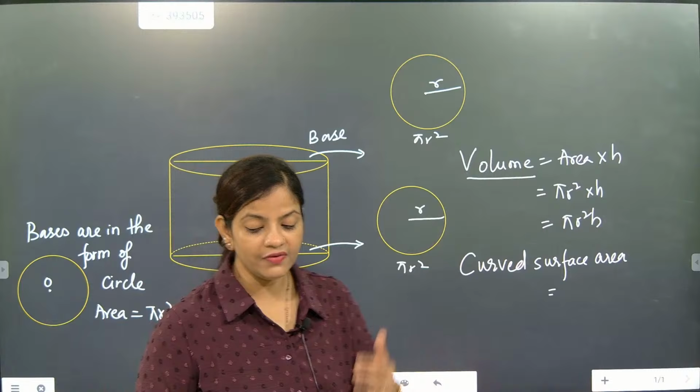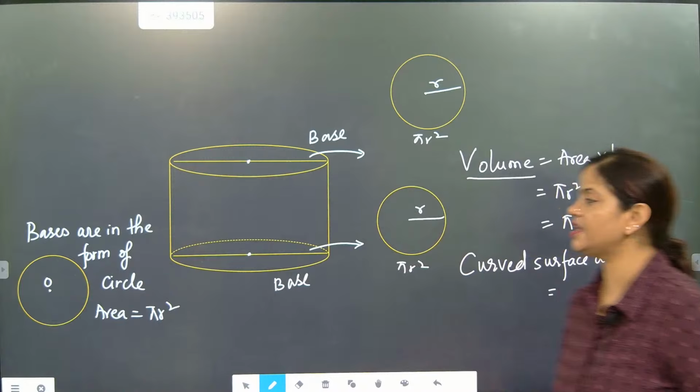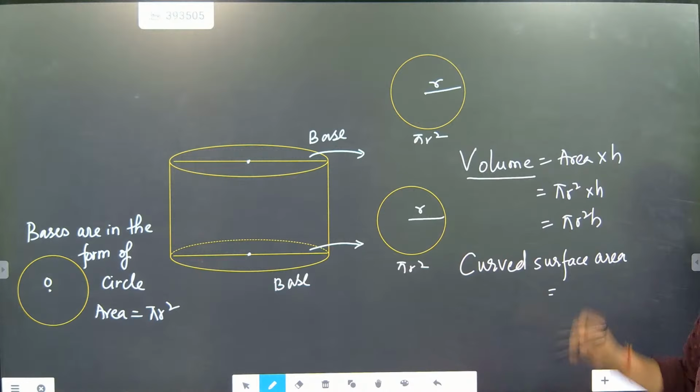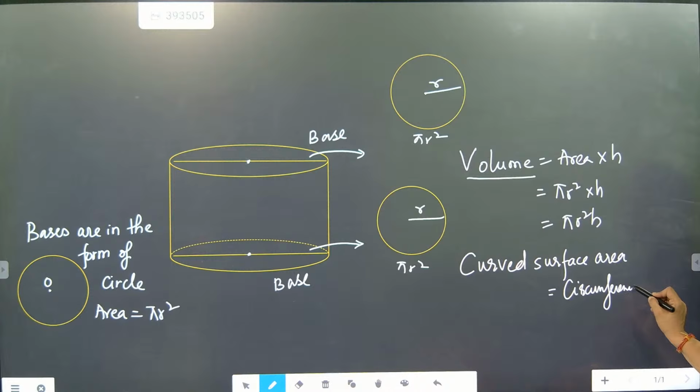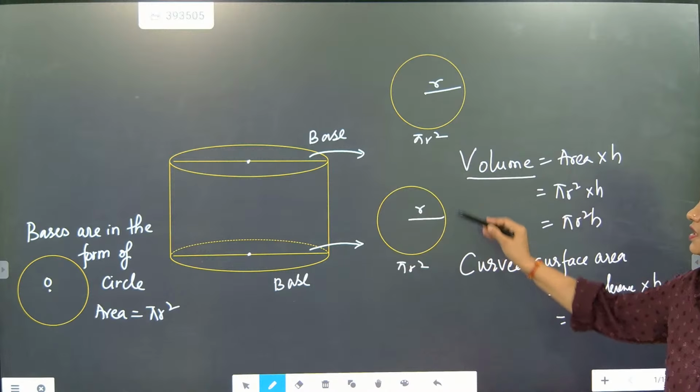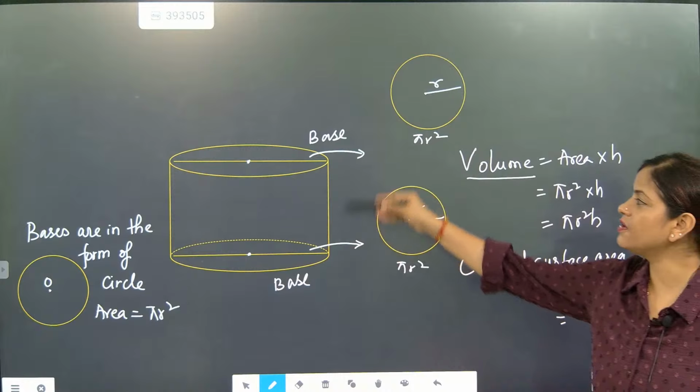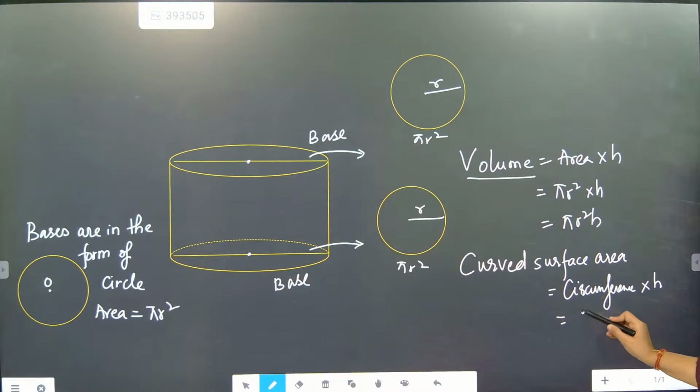So at the time when we are dealing with curved surface area, what we are writing? We are writing it as circumference of circle into height. So what is the circumference of circle? Because this only is the circumference. Now, when it is multiplied with height, it will become 2 pi r h.